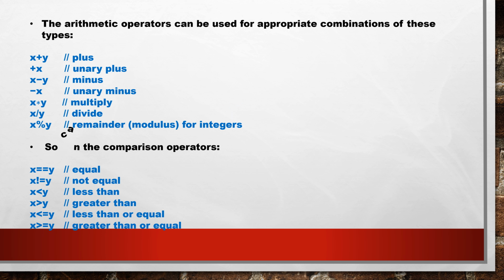So can the comparison operators: x==y equal, x!=y not equal, x<y less than, x>y greater than, x<=y less than or equal, x>=y greater than or equal.